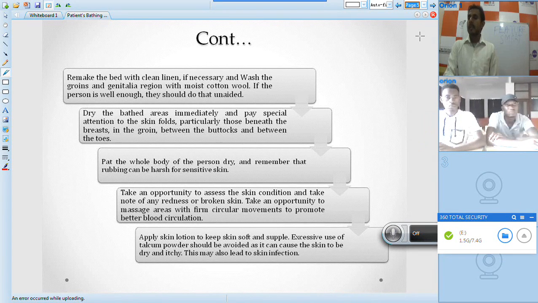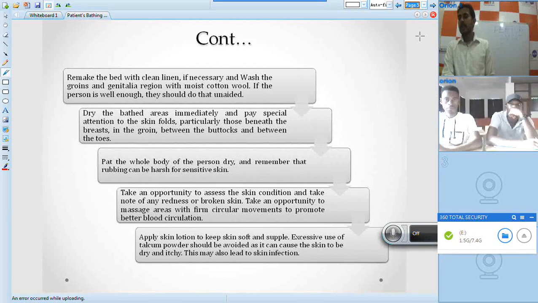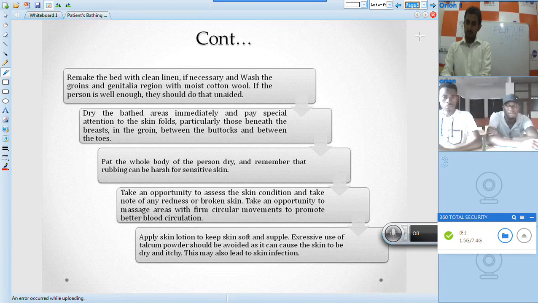Dry all those areas immediately after the bathing process, and you need to pay attention while giving the bath, because there might be some area of the body or skin which seems uncomfortable or unusual, like it has become red or the skin is folded.